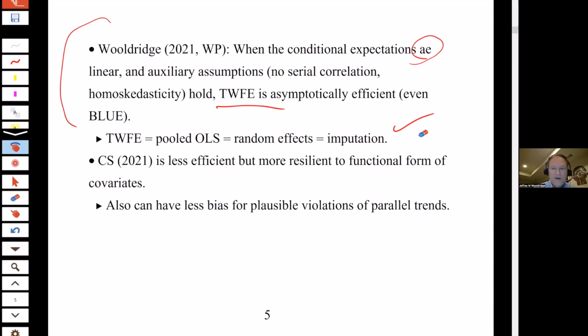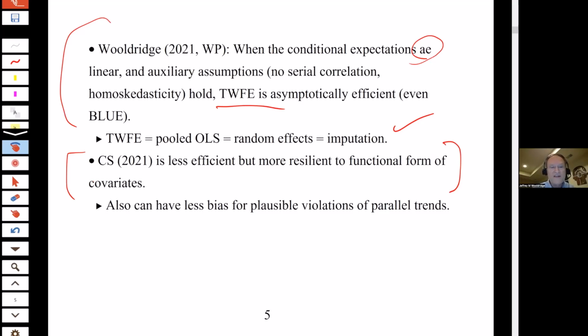Okay, so what about the Callaway Sant'Anna approach? If we can do flexible stuff with regression analysis, and I'm not one of those people who rejects regression analysis just because we might want to do something fancier. I'm a big believer in regression analysis, that if we do a careful analysis, we allow enough flexibility, then it can do pretty good things. However, it is true that if the linear model, for example, were to be violated, then we don't really generally know what we're going to be estimating.